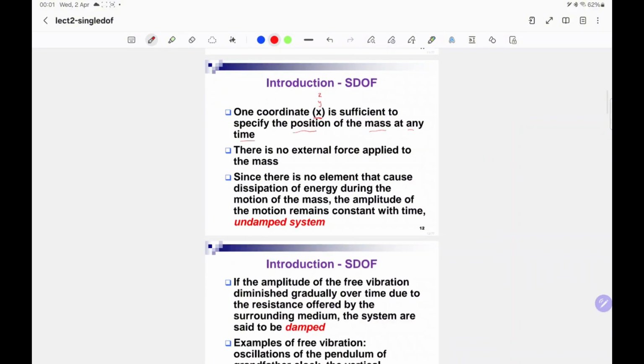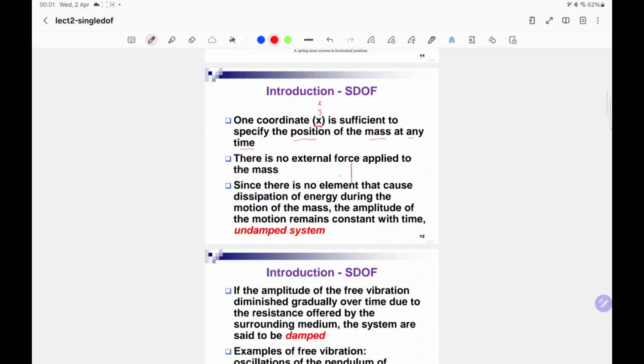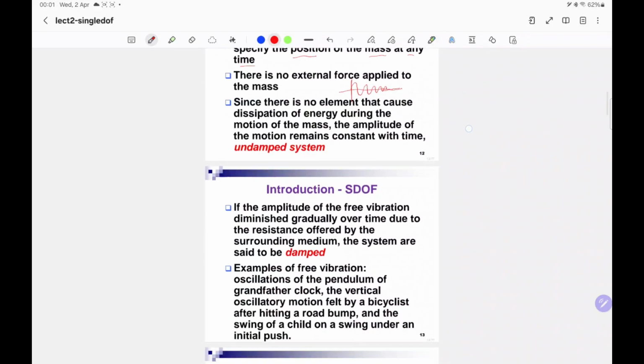And if we are considering an undamped system, meaning that it doesn't have any damping coefficient, what we can see is that the response will become like this, whereby it will oscillate and from time to time it will die off.